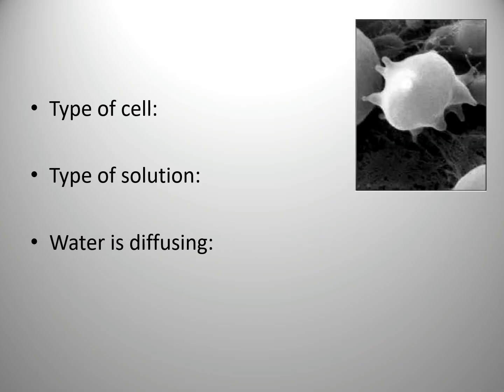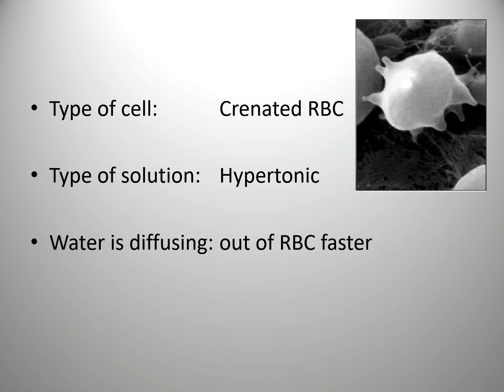But if you happen to put that red blood cell in salt water or a hypertonic solution, that means that solution has more salt or solutes than are inside of that red blood cell.